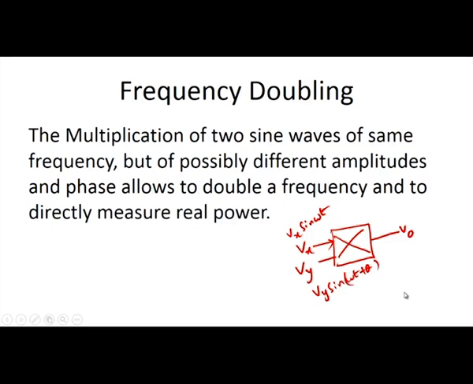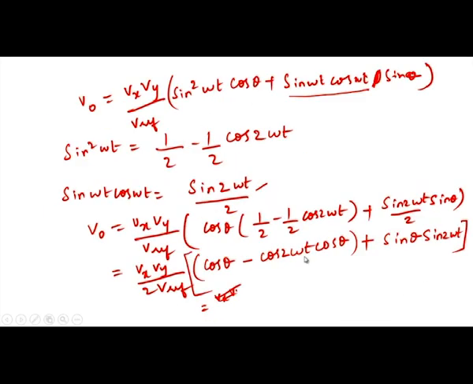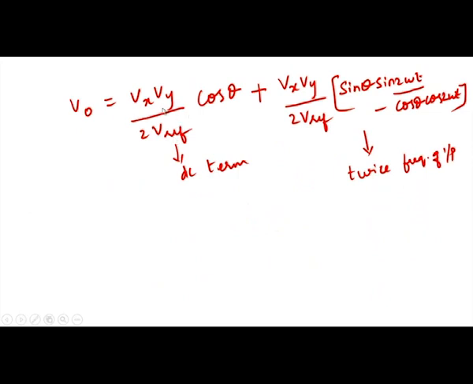We have derived the output of this circuit, which shows that one of the terms is the DC term, and the other term has twice the frequency of the input signal. So, the frequency is doubled here. Next is the voltage divider we have seen, and the voltage squarer also we have seen.